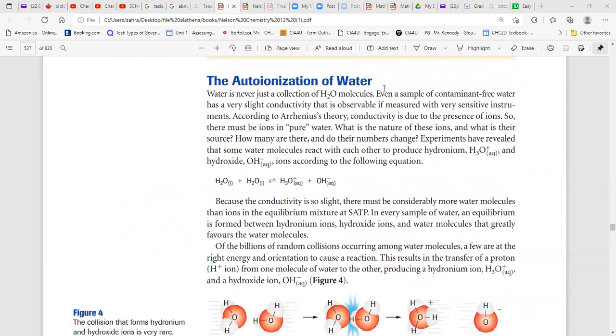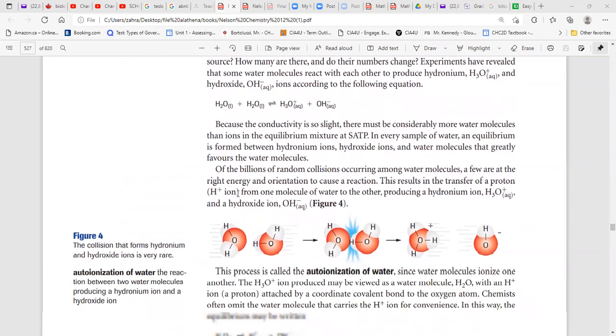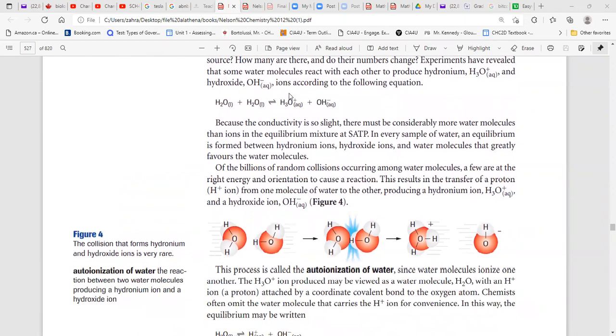So the autoionization of water is when two water molecules are reacting, one of them will lose hydrogen and one will gain hydrogen. So H2O gains hydrogen and becomes H3O plus, and this one loses hydrogen and becomes OH negative.